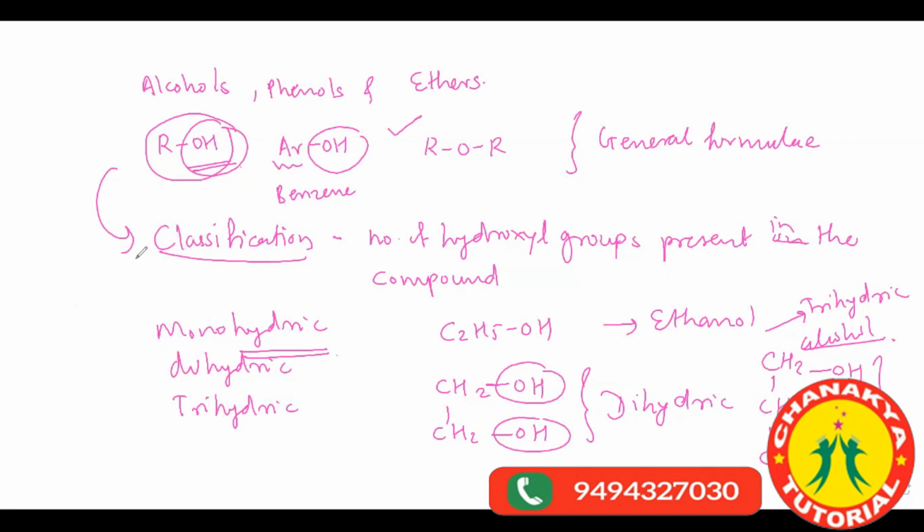Yes, ma'am. So the basic difference between phenol and alcohol is what? That I'll let you know. The basic difference between alcohol and phenol, if we see: phenol is a benzene ring attached with OH.